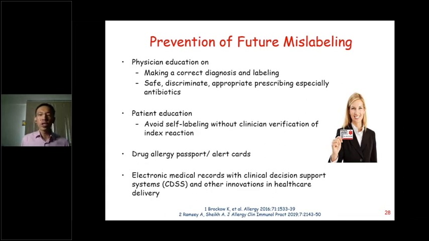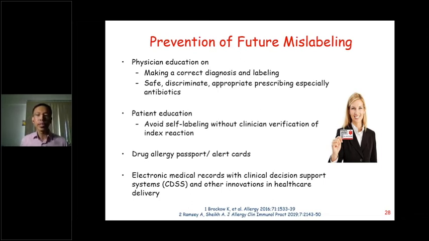So not just the physician, but the patient himself or herself does also have a role to play. So we do need to encourage our patients to avoid self-labeling without clinical verification of what the index reaction was. The drug allergy alert card or the drug allergy passport is key, because from there we can then reevaluate the likelihood of the reactions to the drugs which the patients had been implicated to not be able to tolerate.